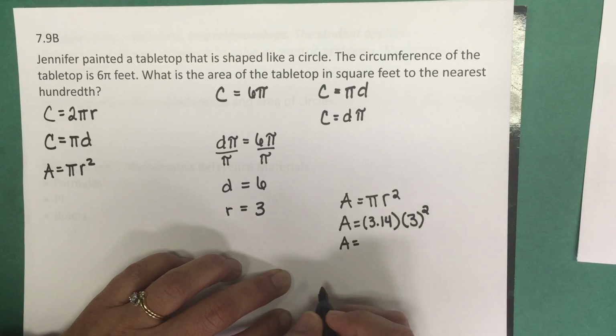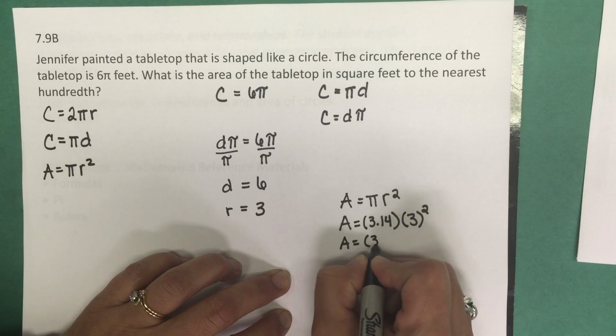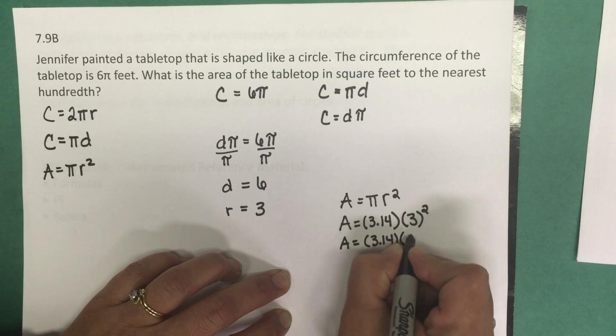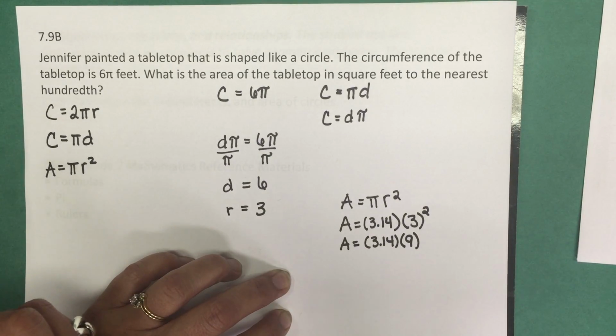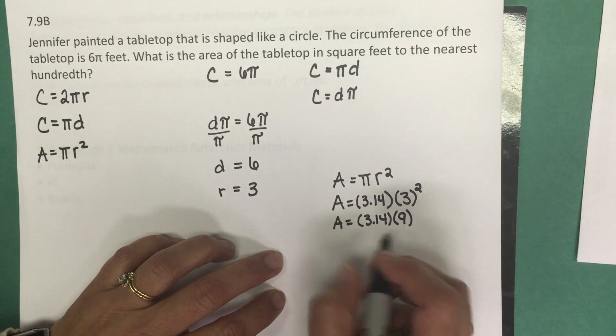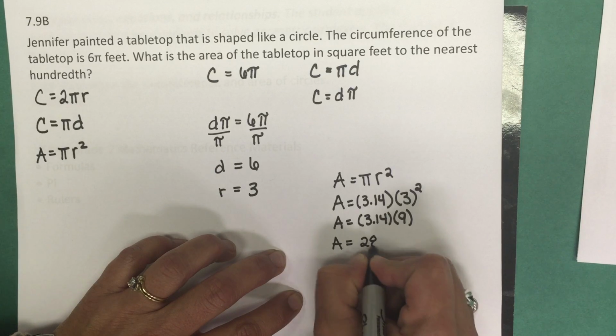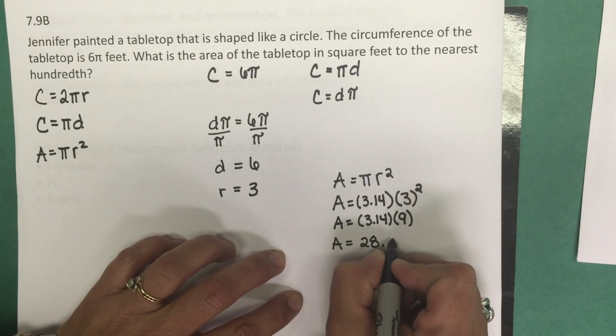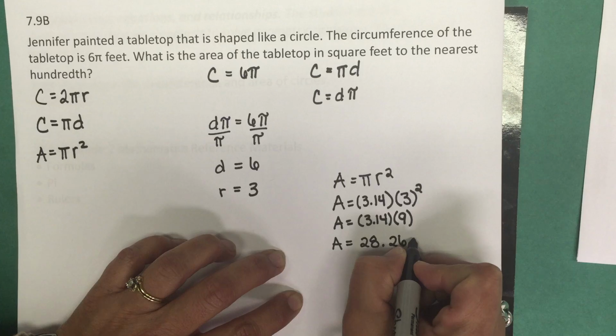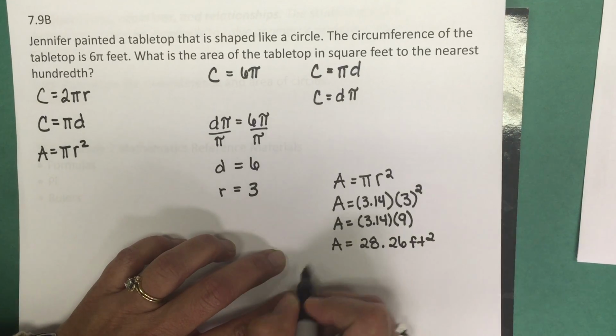So that means we now have that the area equals 3.14 times 9. We're going to finish multiplying to get our area, which is going to be 28.26 square feet.